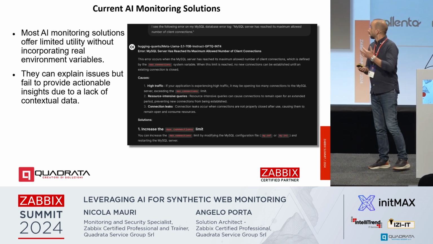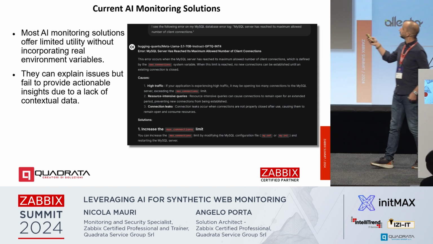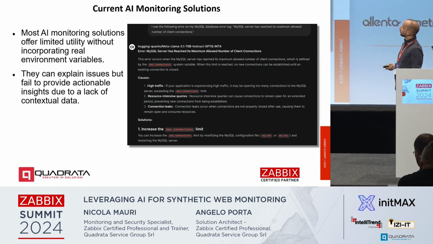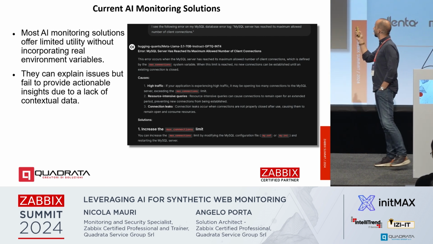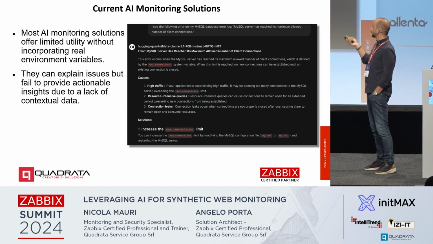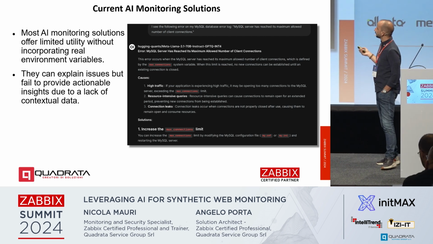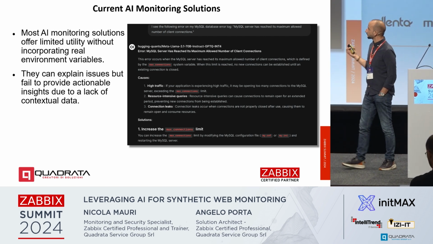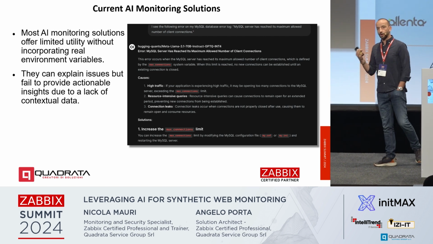So, for example, if we have a problem message from our database, such as "the server has reached its maximum allowable number of client connections," of course, AI can tell us some possible causes and some possible solutions, but it does not explain a lot, because it cannot have the context.